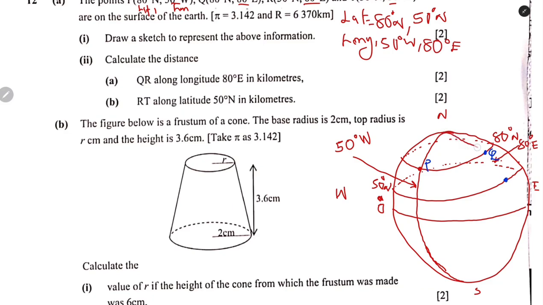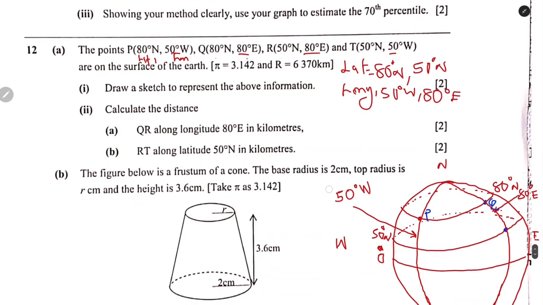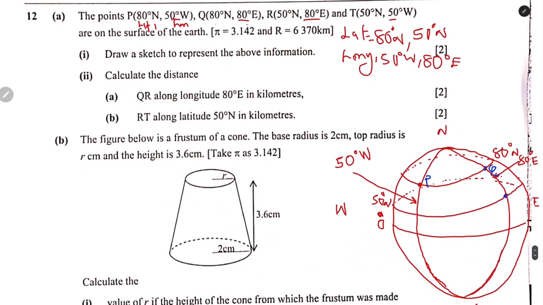So let me just redraw this. I guess we follow what I did at first. So this point here is point what? Point R. Okay, this is point R.